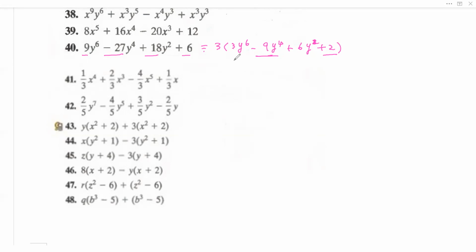41. Move on. So here you can quickly see the coefficient part is something special, right? 1/3. And x is the minimum one for the variable part, right? So you can get x to the power 3 plus 2x squared minus 4x to the power 4, right?